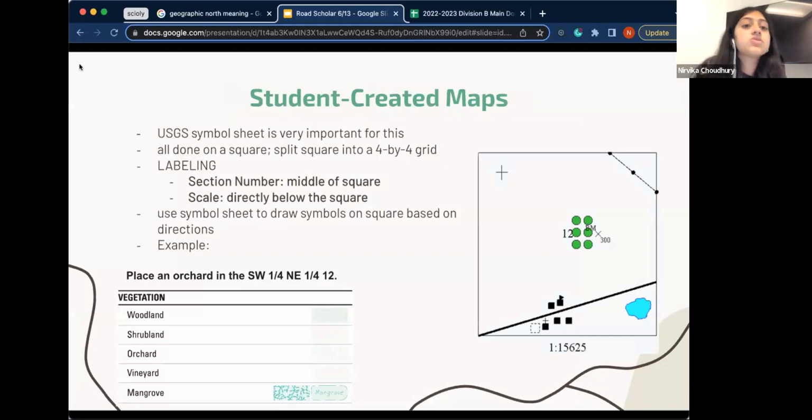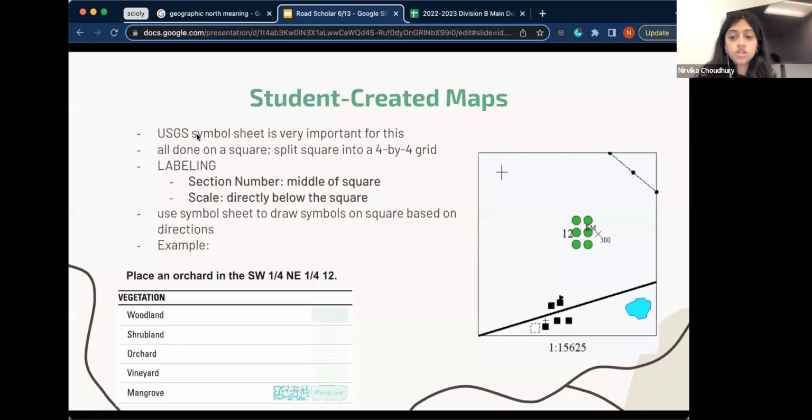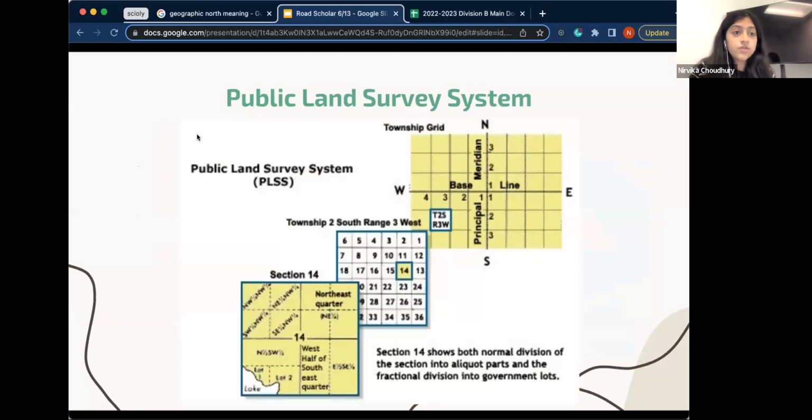Okay, student created maps. This square right here is like the square you saw earlier, section 14. That's exactly what's going on here. It's just a square. The 12 in the center, you notice how there was a 14 before.